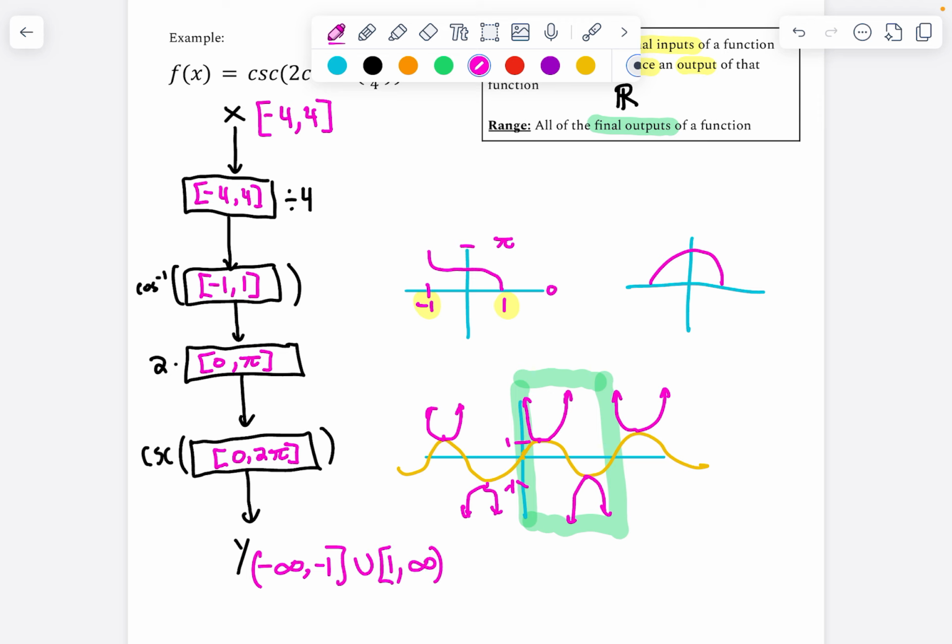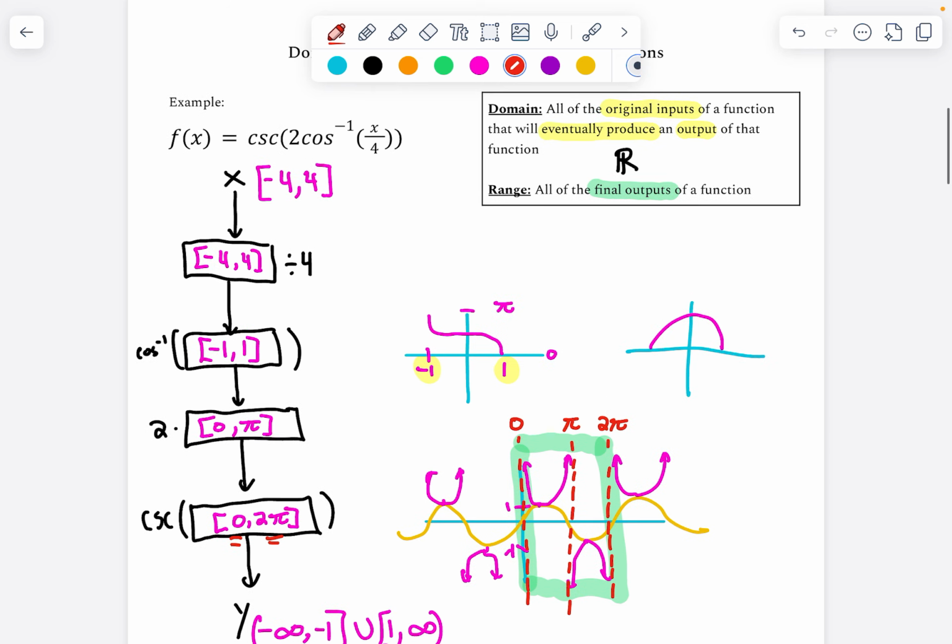There is a consideration, however, because cosecant has asymptotes. These 3 asymptotes in particular, 0, pi, and 2 pi, do not produce an output. So when I put in 0, pi or 2 pi to the cosecant function, I actually don't get anything out. Those are not elements of our domain because they don't eventually produce an output.